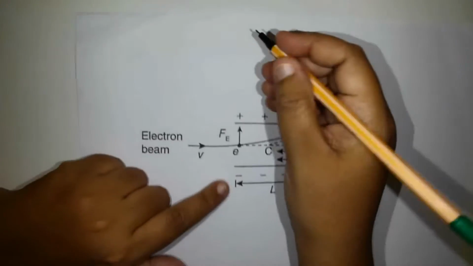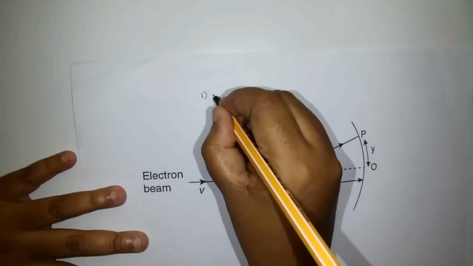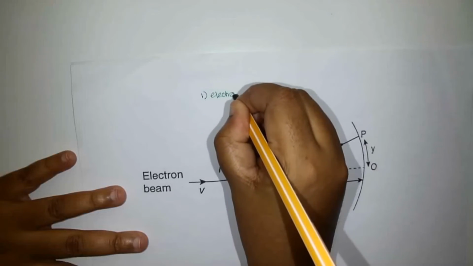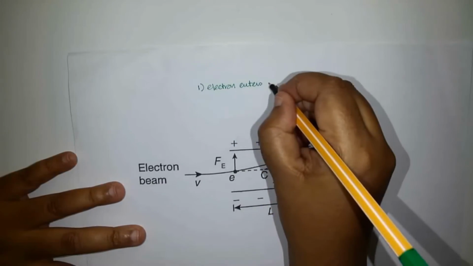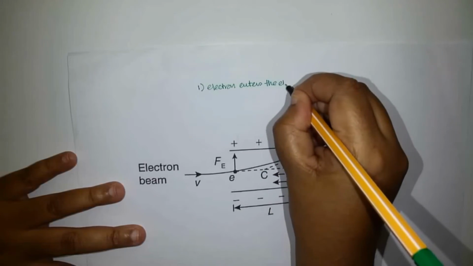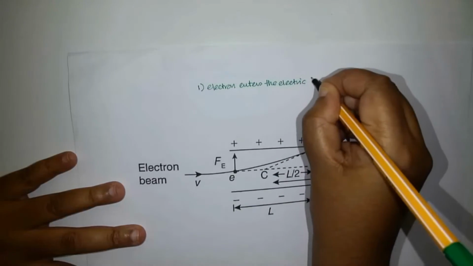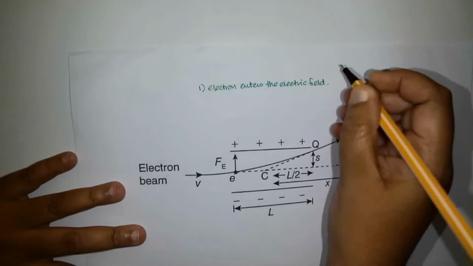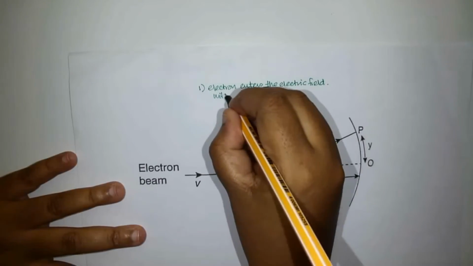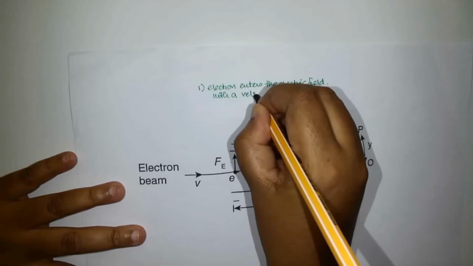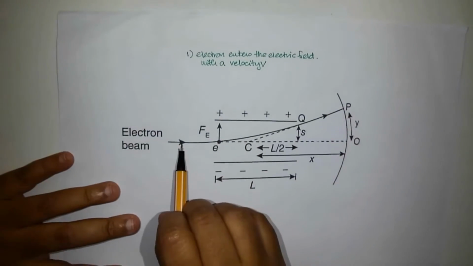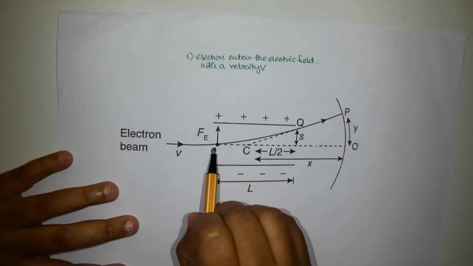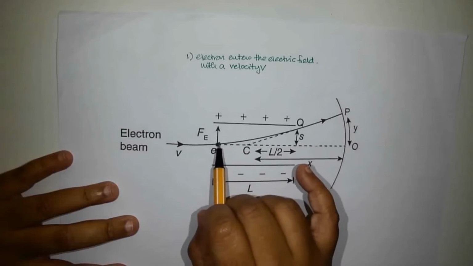Number 1, the electron enters the electric field with a velocity v.